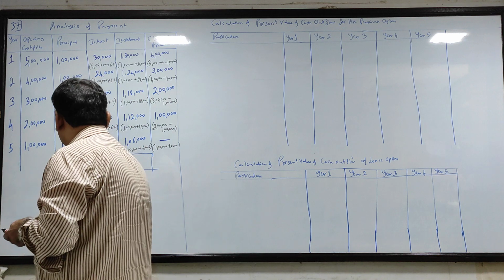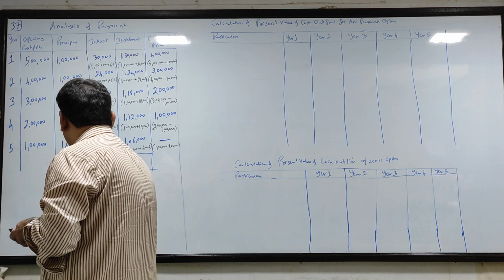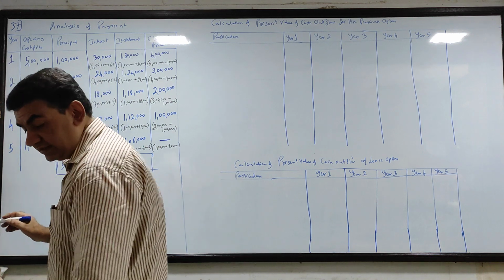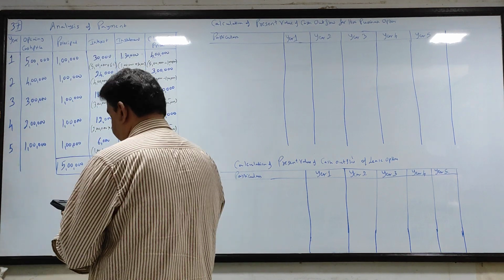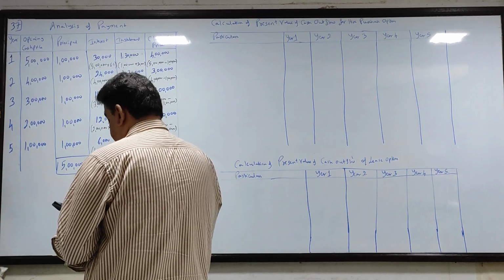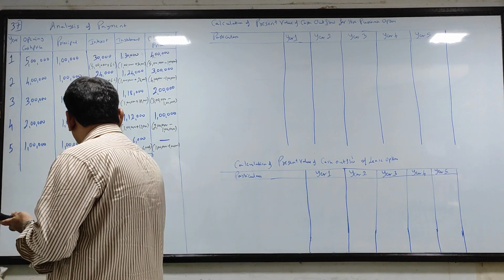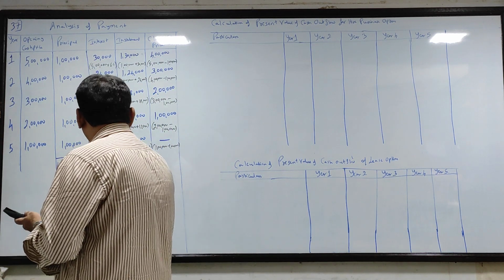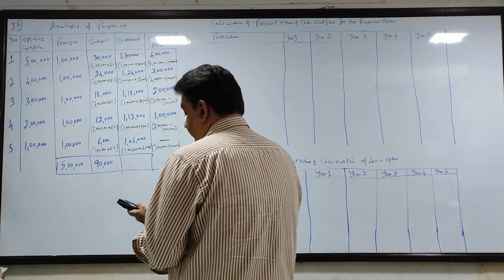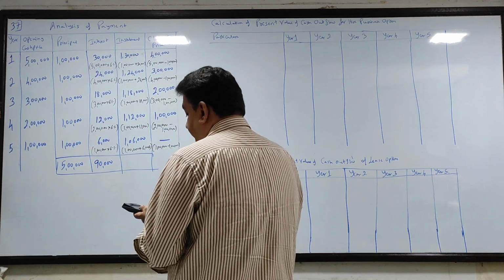Okay, take the total. Principal is 5 lakh, interest 30, 24, 18, 12, 6 gives you 90, and this has to be 590. Let's check it.